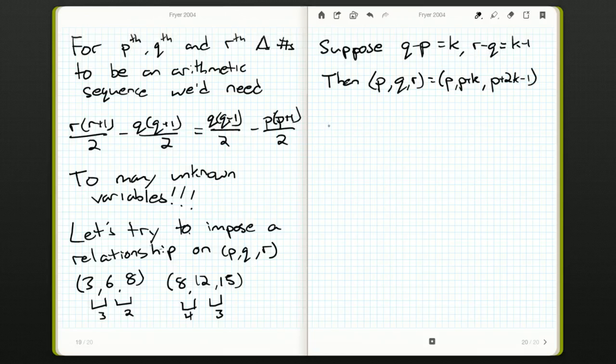All right, so P plus 2K minus 1 times P plus 2K. I can multiply by 2 in this whole thing. And so that's P plus K, P plus K plus 1.